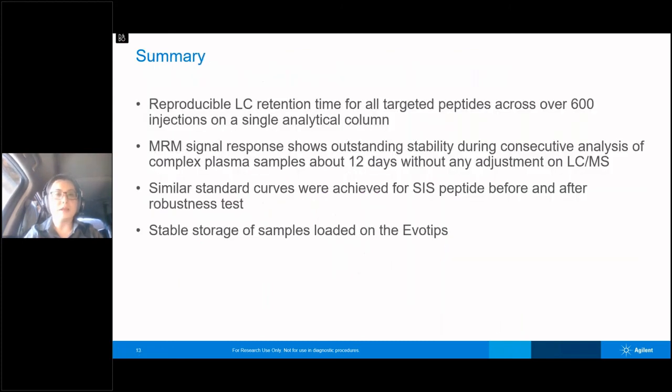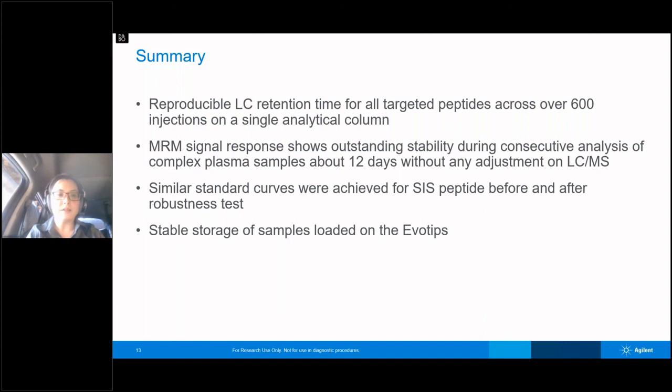So with this result, we conclude that this LC-MS platform gave us very reproducible LC retention time for all targeted peptides across over 650 injections on a single analytical column. And the MRM signal response showed outstanding stability during consecutive operation using complex plasma samples, and we didn't need to do any adjustment on the LC-MS.